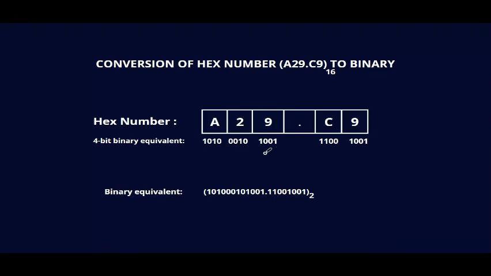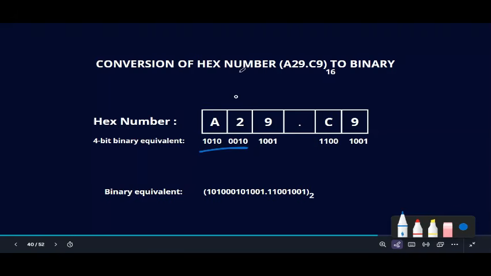For 9, it is 1001. You can refer to the hex to binary table for your reference. And C is replaced by 1100, 9 is replaced by 1001. Joining all these 4-bit binary equivalents from left to right, you get the binary equivalent of the given number A29.C9 as this.